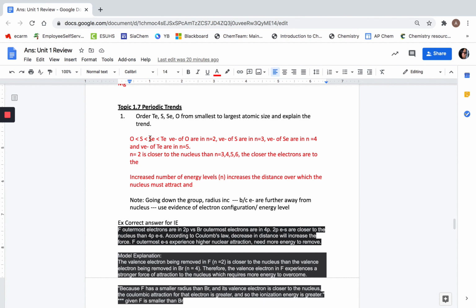So this one, basically what they are is they are in a group, which is vertical. So when you go down a group, you know that radius is going to increase, and the reason is because the nucleus is farther away. We're going to explain this in terms of energy level, electron configuration, or you can even say n equal to, which is the principal quantum number.